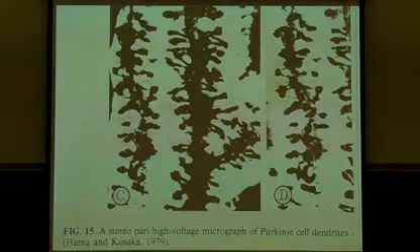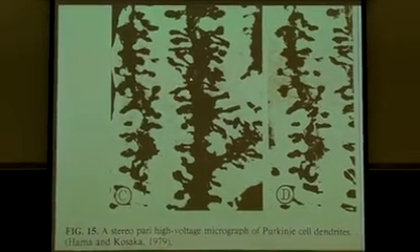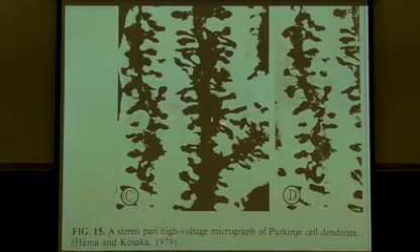And the next slide shows, here's a dendrite, here's another dendrite, and all these little nooks would be potential synapses with the parallel fibers. All this white stuff, it's full of parallel fibers. It's just packed with parallel fibers.